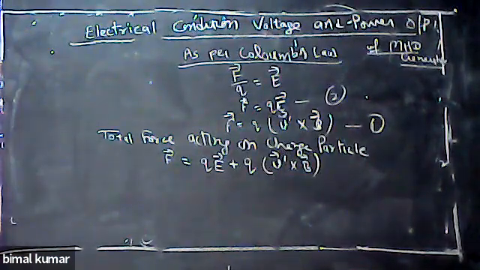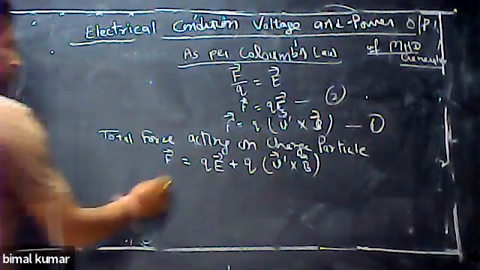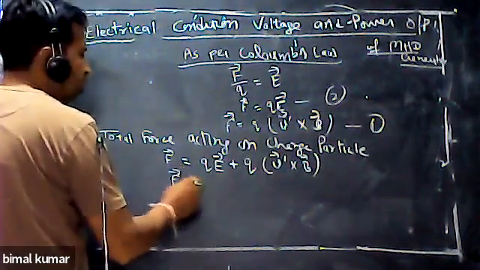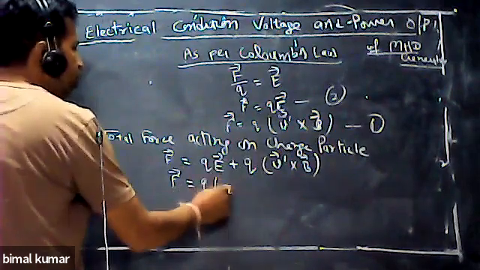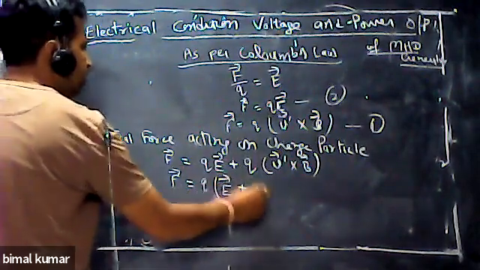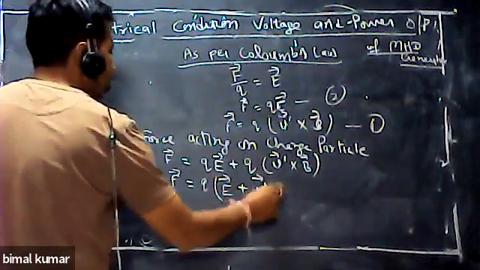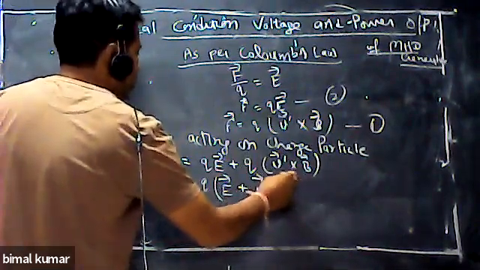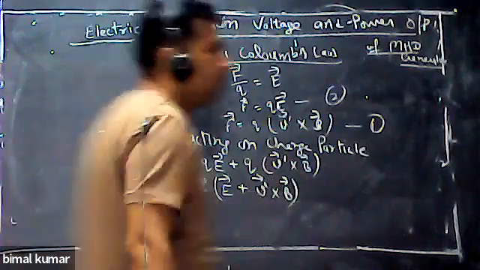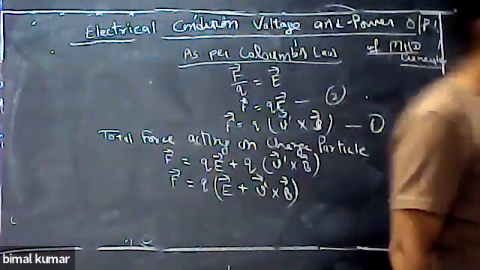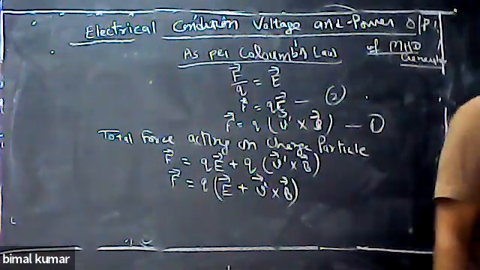So this Q may be taken common, so that F becomes equal to Q into E plus V dash cross B, right?